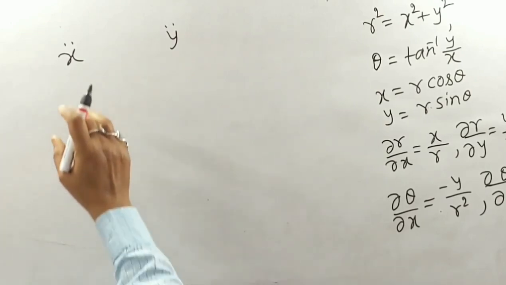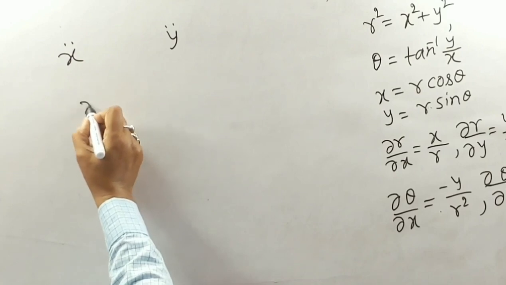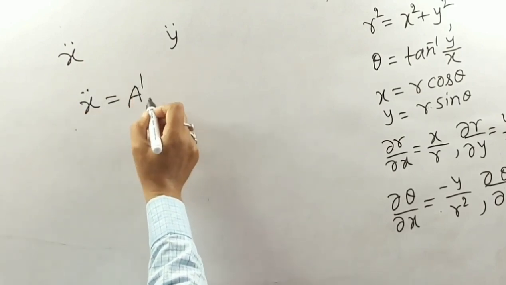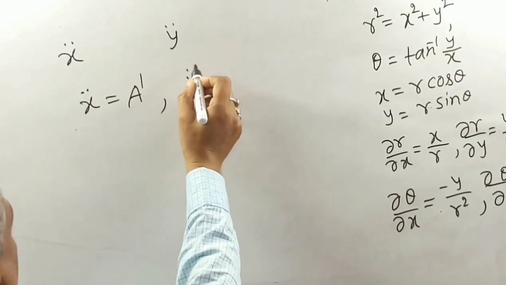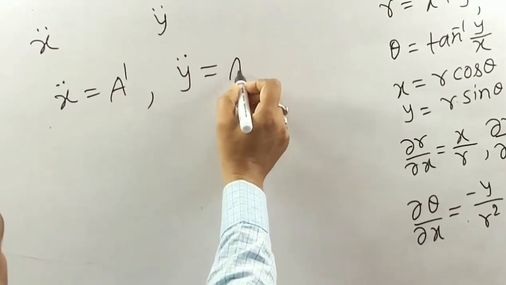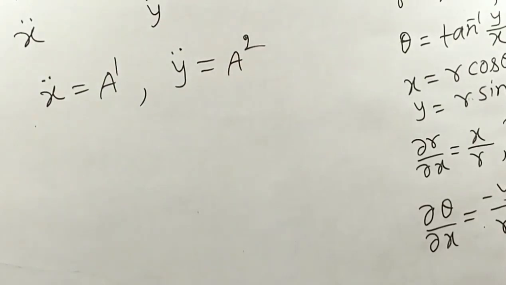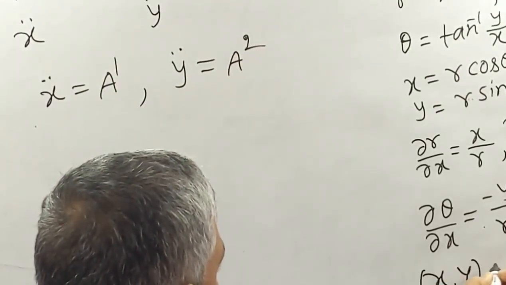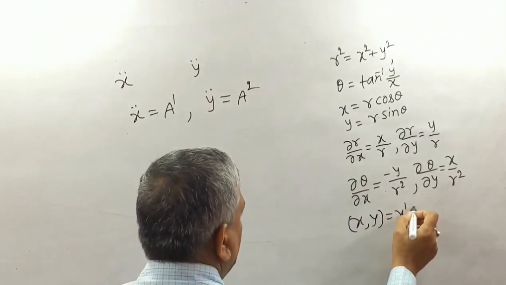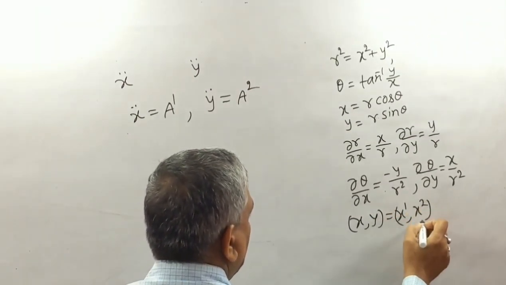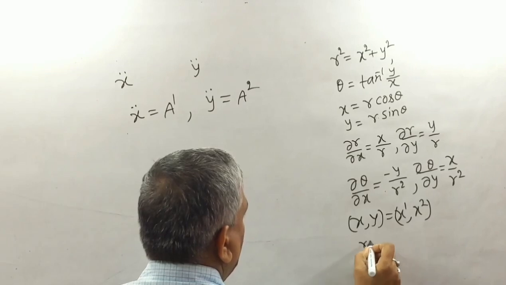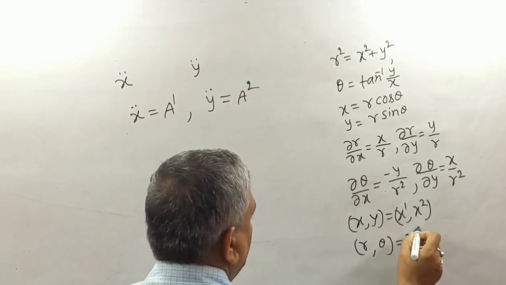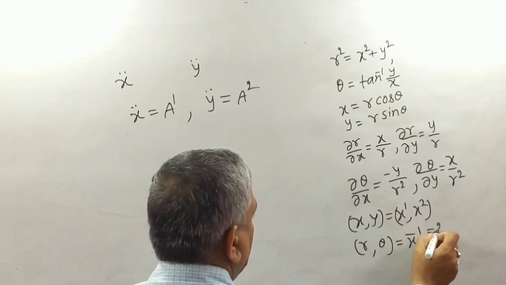We write x double dot as a1 and y double dot as a2, since (x, y) equal to (x1, x2) and (r, theta) equal to (x bar 1, x bar 2).